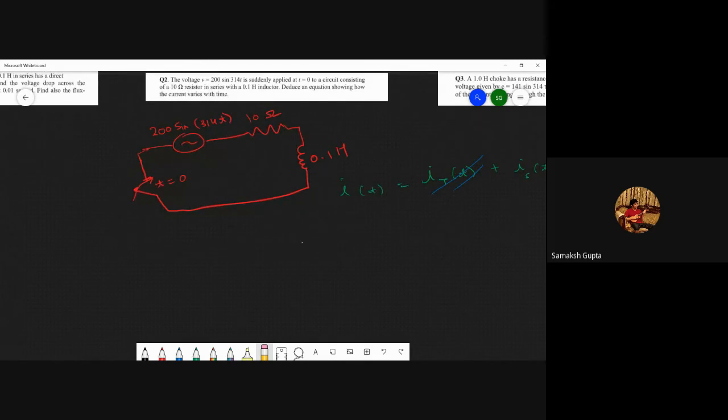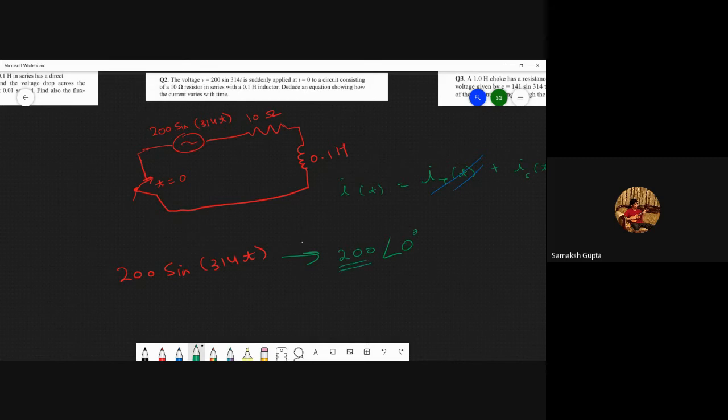First of all, we'll convert this from the time domain into the phasor form. Does anyone know what the phasor notation for this will be? How will we write it in terms of phasor? Okay, you can do all that, but our main aim is to convert this into the form of magnitude and angle.